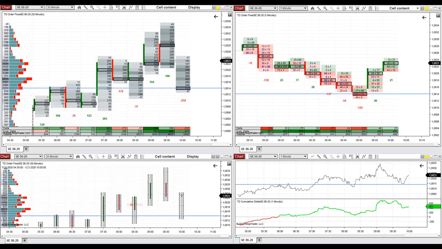Alright, you can secure your position below a heavy volume area like this, or below the reaction point. In this case it is the same, so that's in here.